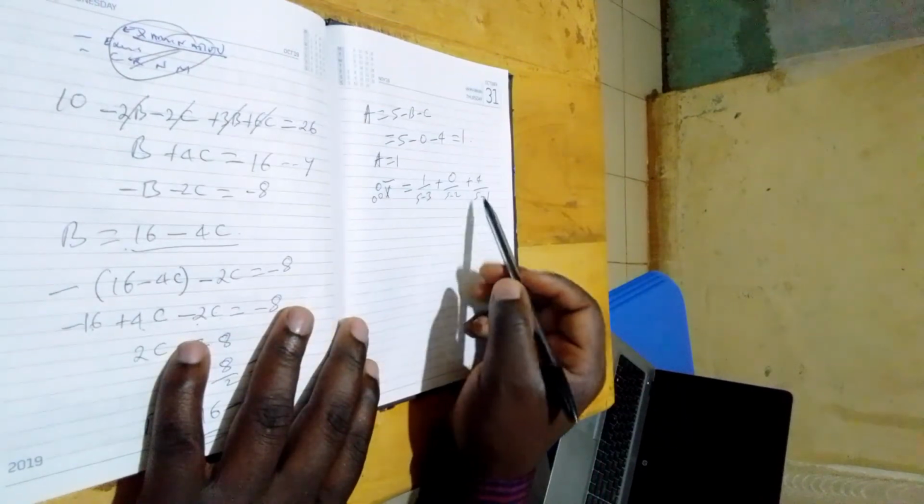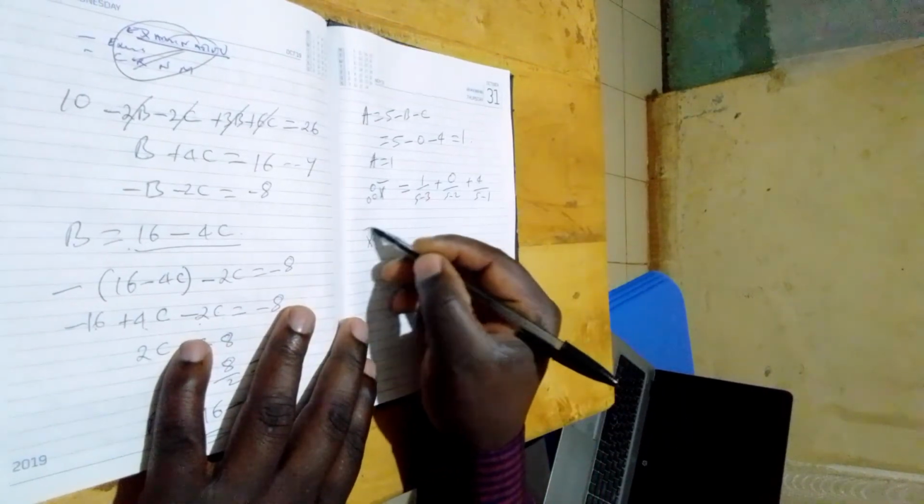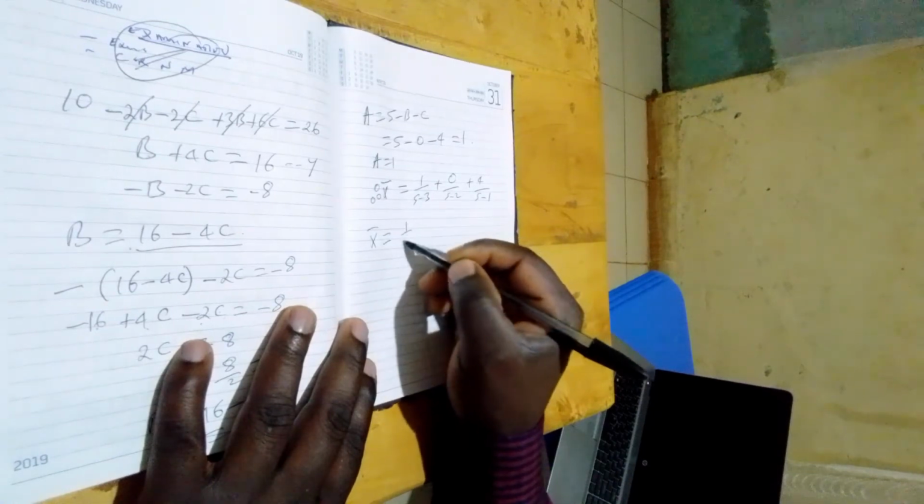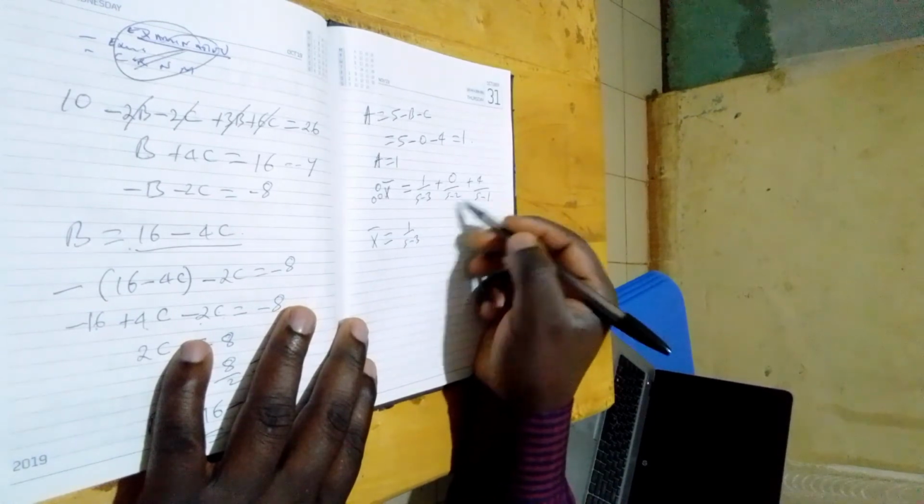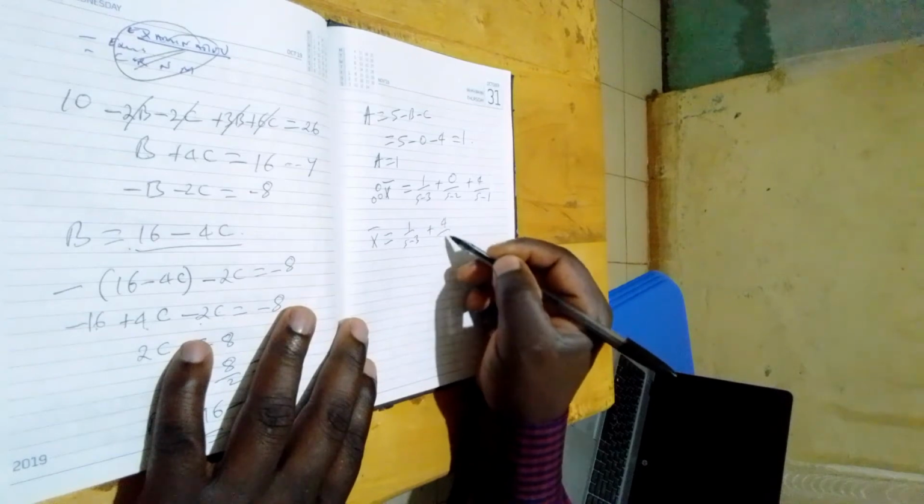So x bar equals to this. X bar equals to now 1 over s minus 3. This is 0 plus 4 over s minus 1.